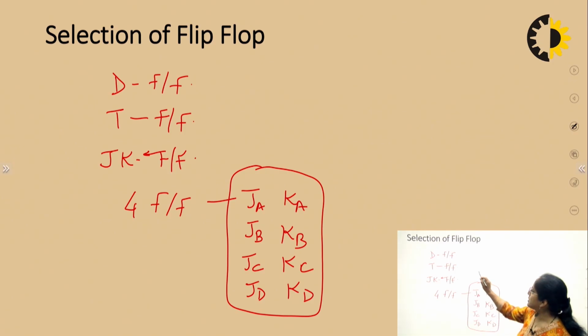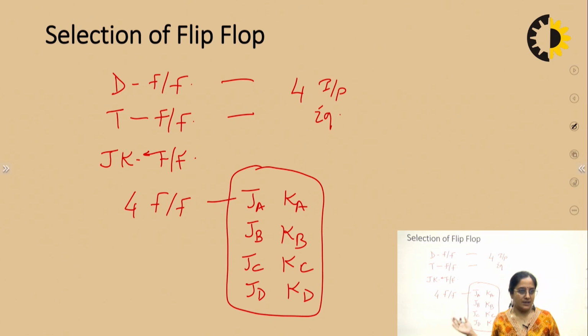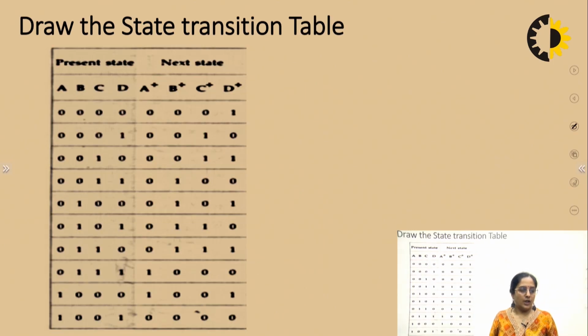But if you use D or T, you have to solve only 4 input equations. The circuit diagram will be easy, but just to go with the toughest one, I have chosen JK flip-flop. So now the next step is to draw the state transition table.